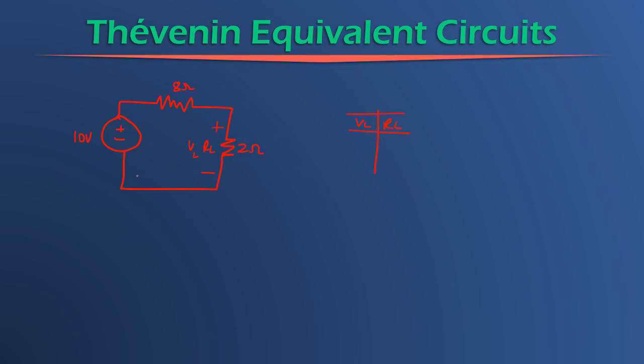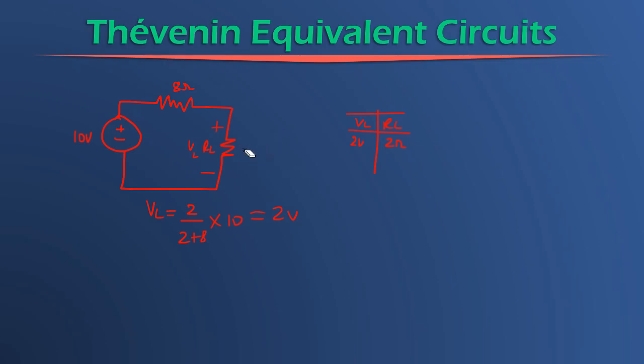If I were to determine the voltage there, VL, using voltage division, it's going to give me 2 over 2 plus 8 multiplied by 10, and that's going to give me 2 volts. So when the resistor is 2 ohms, the voltage is 2 volts.